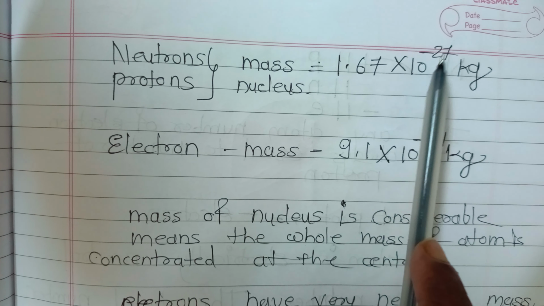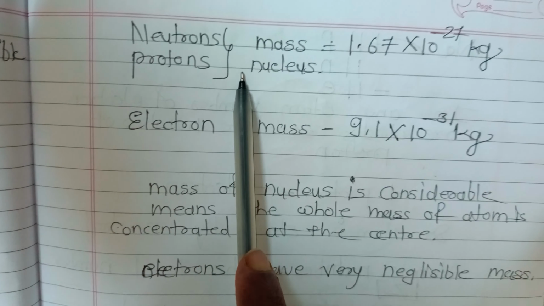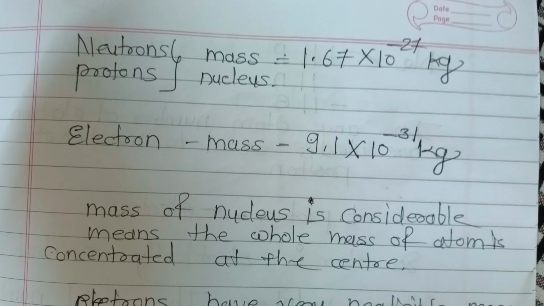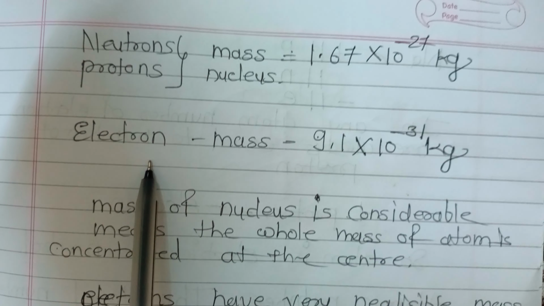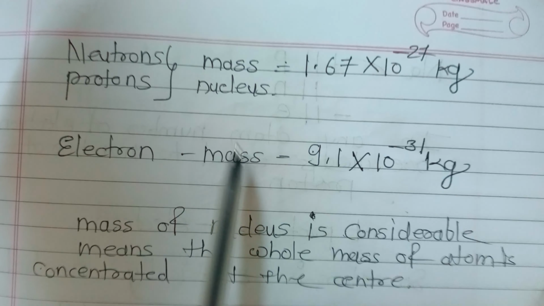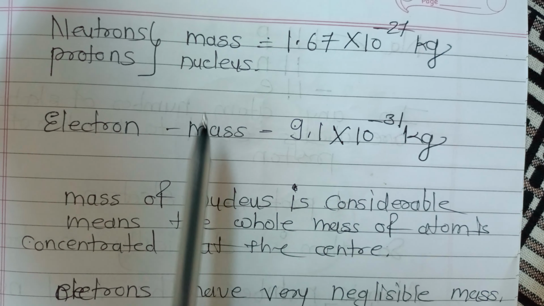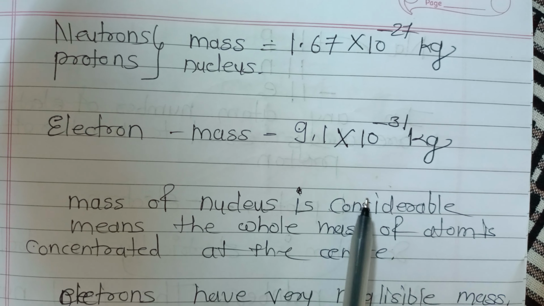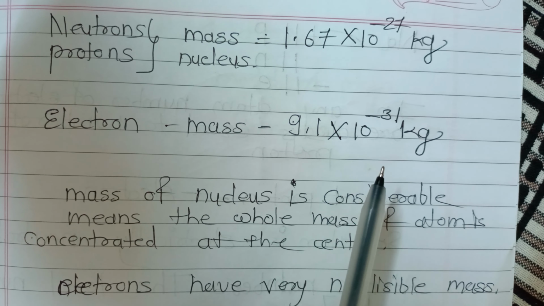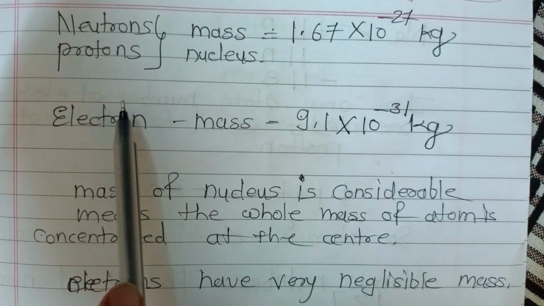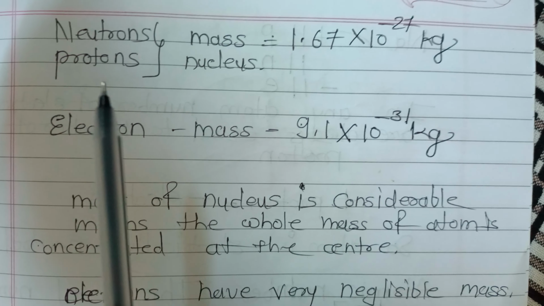This number is very negligible, students, because see, it's minus 27 kg. 1.67 into 10 raised to minus 27 kg is the mass of the nucleus, which is composed of neutrons and protons. And how much is the mass of the electron? Actually all the mass of the atom is concentrated at the nucleus. Whatever we say, atomic mass, means the mass of the neutron and the proton.